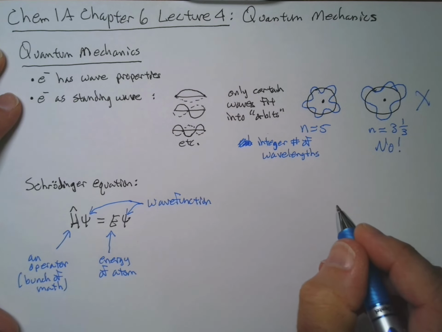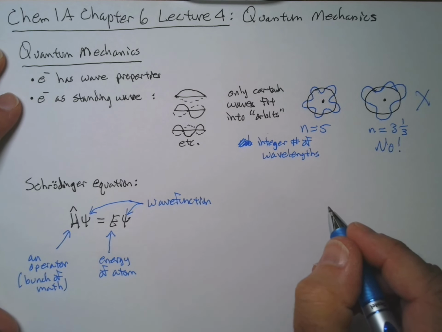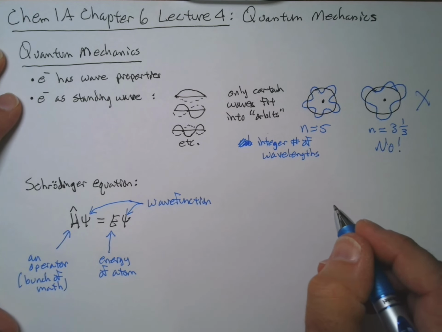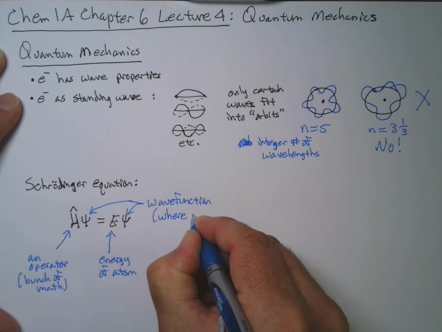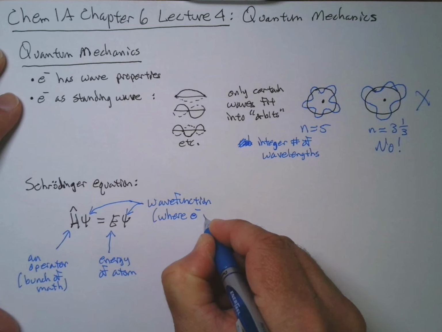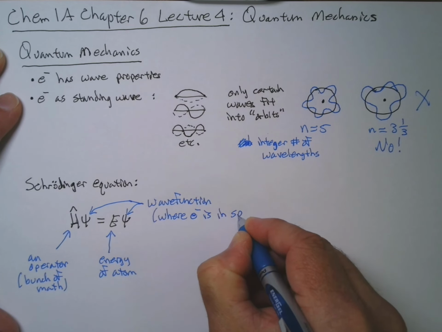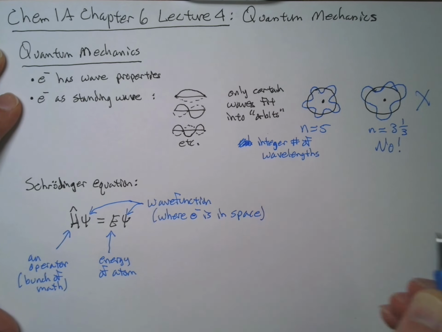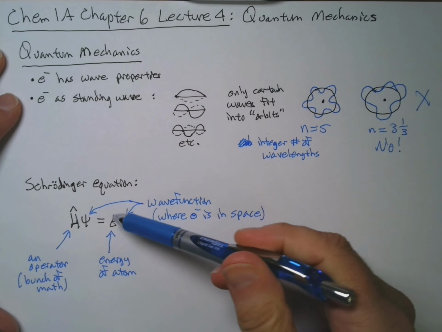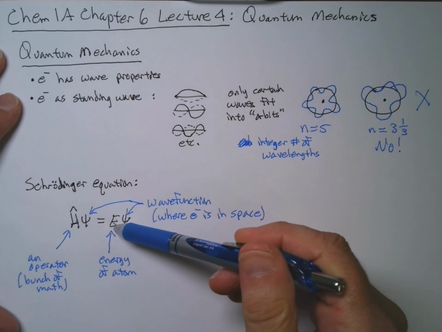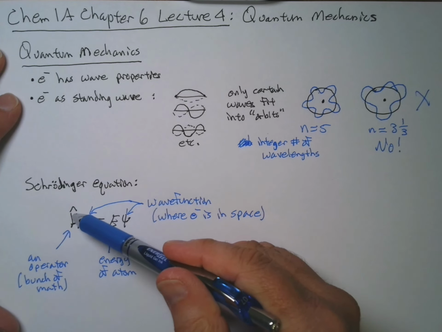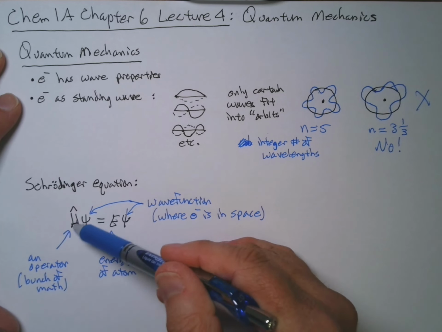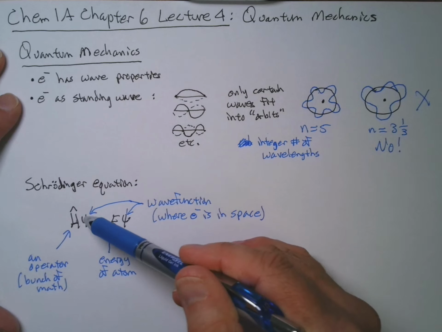And what's a wave function? Well, it's a mathematical function of where the electron is in space. Now this might look like a trivial equation and you look at it and say, oh, this means that H hat equals E. Well, that's not the case. This is not H hat times psi, it's H hat operating on psi.